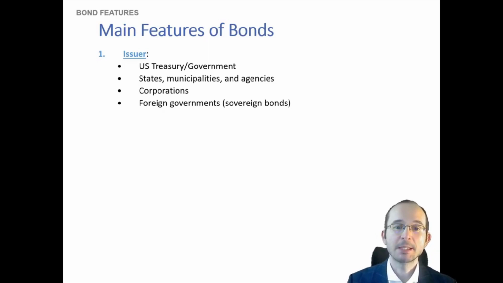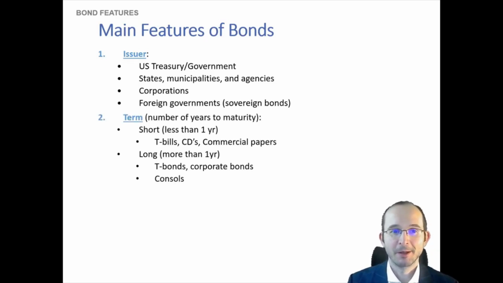As far as the details of the bond contract, obviously an important one is how long the borrower has to use the money and by when they must repay it. We call that the term of the bond, and that's literally just the number of years to maturity.